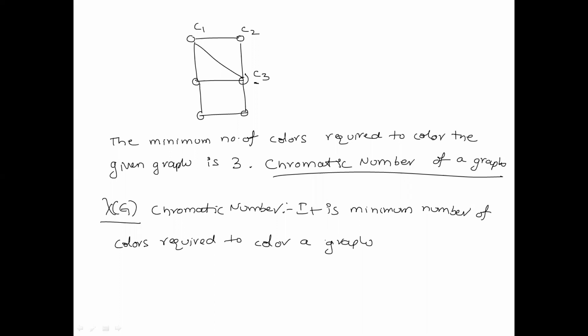Okay. Now tell me, what is the chromatic number of a complete graph Kn? Tell me, what is K3 first of all? Triangle. K3 has 3 vertices, right? Each vertex is adjacent to each other.